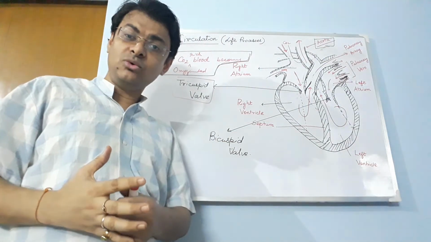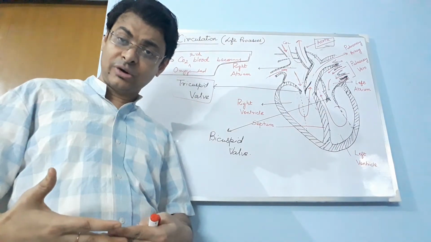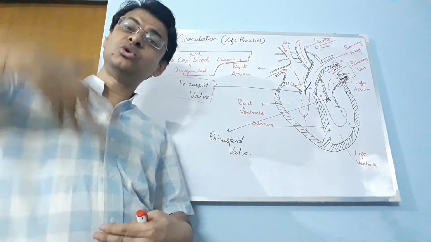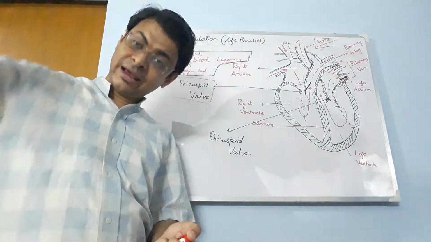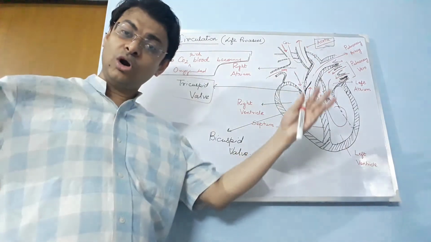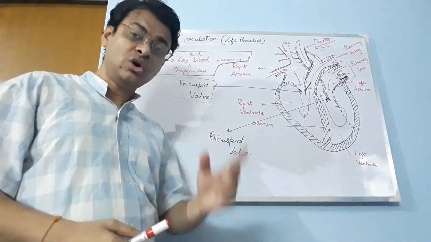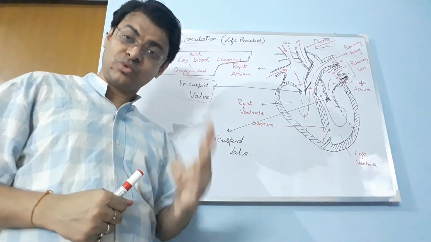So this is how carbon dioxide rich blood enters our heart. It again goes out of the heart to the lungs, gets oxygenated over there, again enters our heart, and is transported to all parts of the body. So in the human heart, blood enters twice.